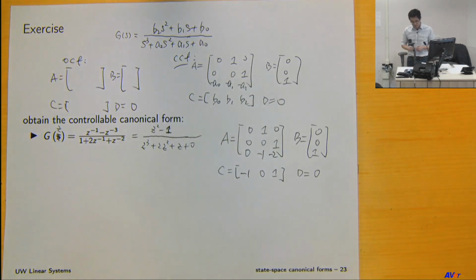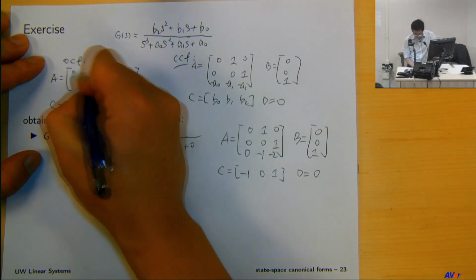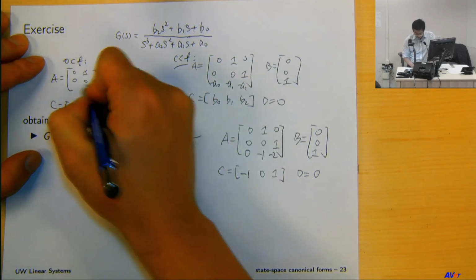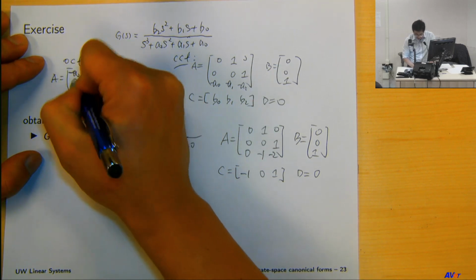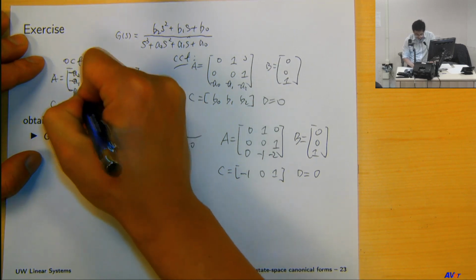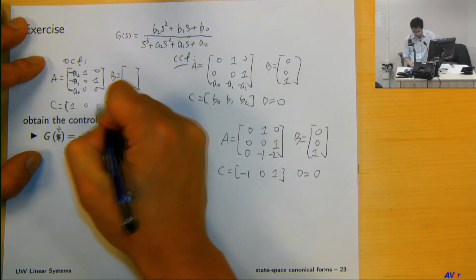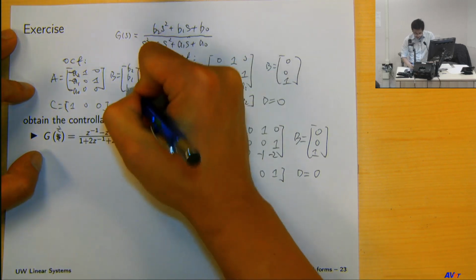That's easy enough. So the observable canonical form is 0, 1, 0, 0, 0, 1. Then what are the things here? I had a typo. Negative A2, negative A1, negative A0. And then the observable canonical form is 1, 0, 0 here for C, and then B2, B1, B0.